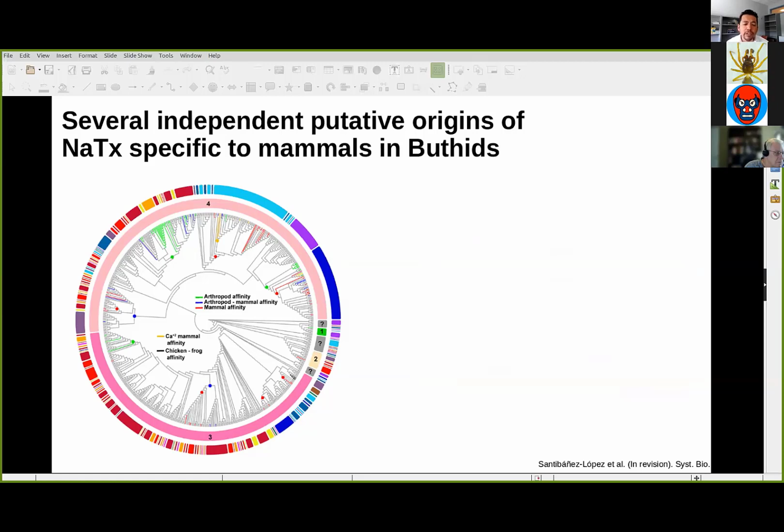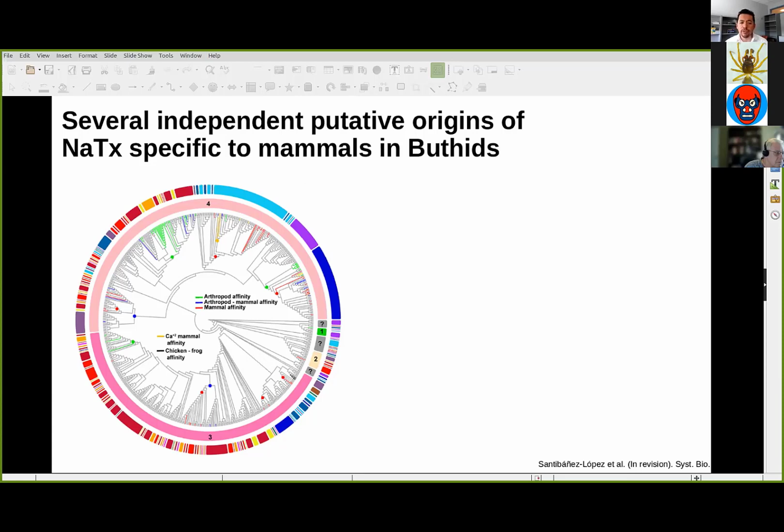They are named based on the most representative group, and of course, we based this decision on functional data that has been published through all these years, especially for scorpions such as Leiurus, Androctonus, and Centruroides. So those red dots on your screen indicate the origin of these toxins with affinity to mammals, right?